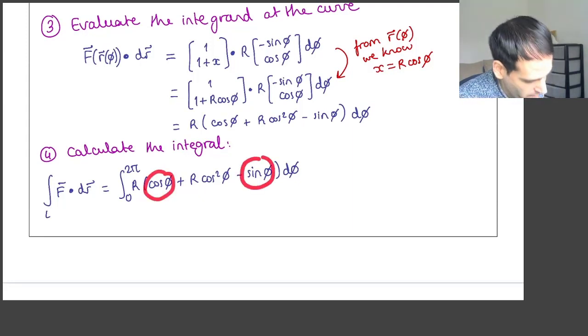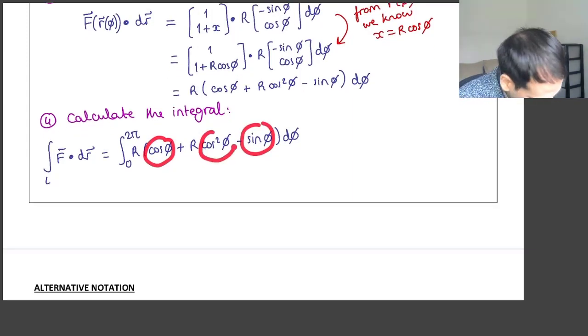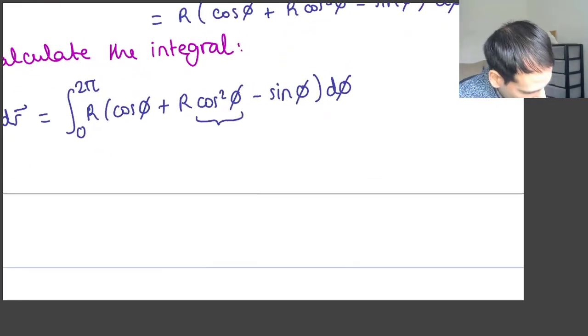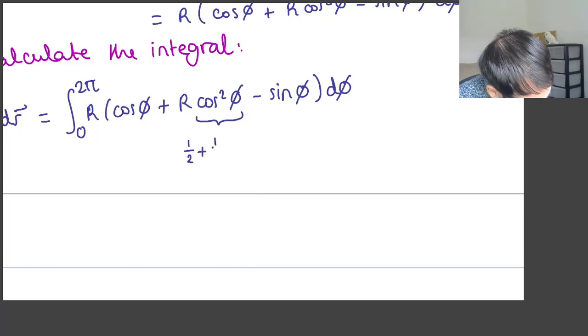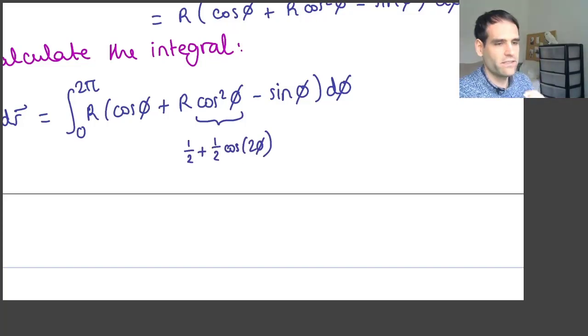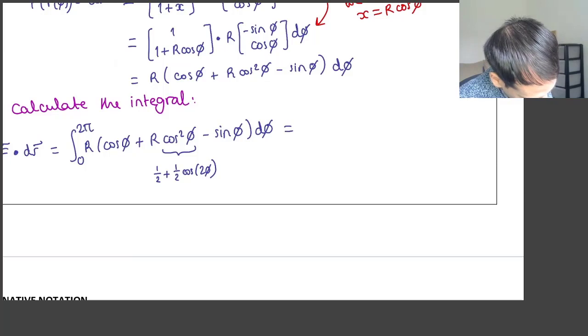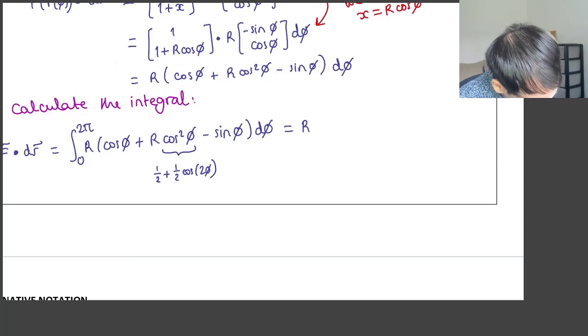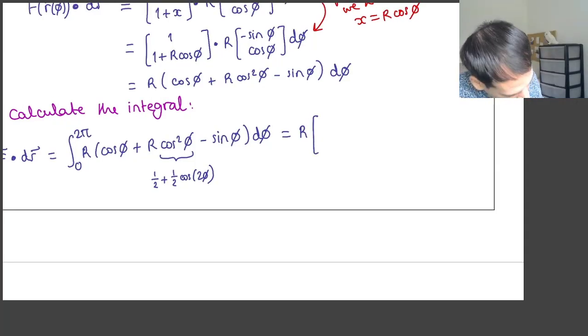Integrating sine of phi is very easy. The only slightly tricky part would be integrating cosine squared, and I'm going to use the trick that cosine squared is equal to 1/2 plus 1/2 cosine of 2 phi. I use this identity, yeah. So then doing this integral is fairly easy. We can keep the r outside because it's a constant, multiplying everything. So it's r times, let's do the integral.